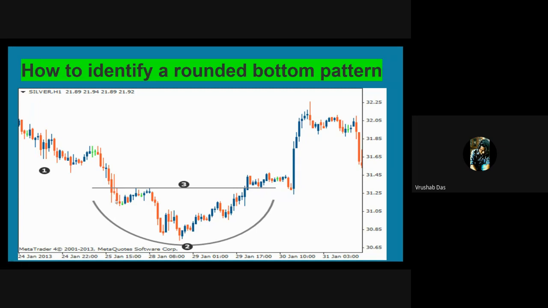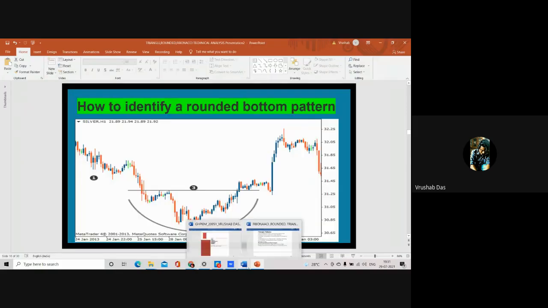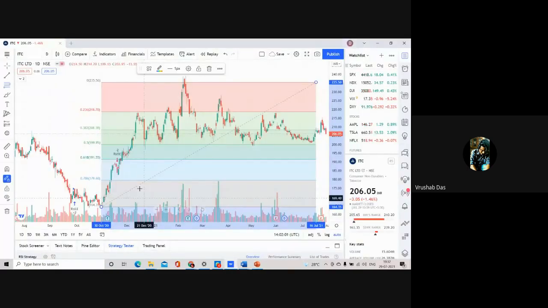When we talk about the neckline, I will give you an example of ITC Limited. I have seen a rounded bottom pattern in ITC Limited. As you can see here, the stock was in a downtrend, and this was the neckline that was created.